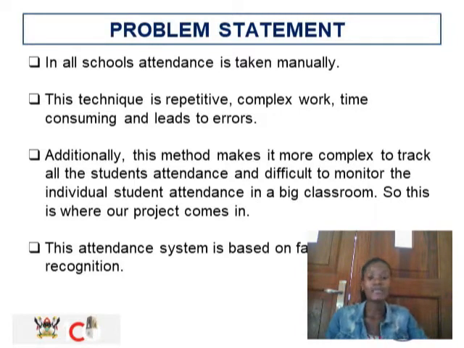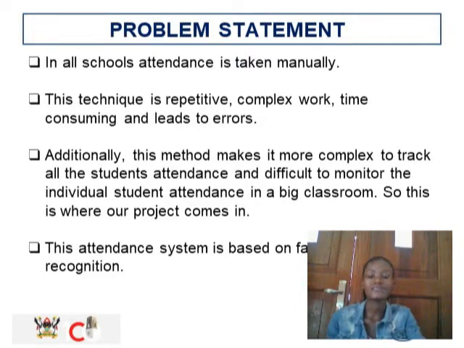As you all know, monitoring students' attendance is very vital in schools, but we found it challenging in a way that it's mostly done manually in schools. So we decided to come up with an idea of addressing this problem.